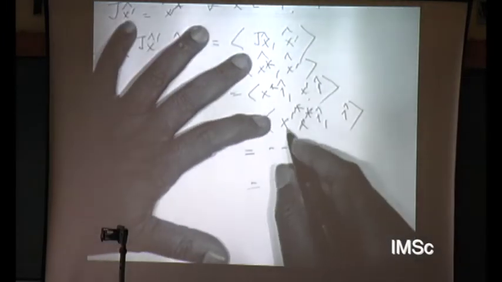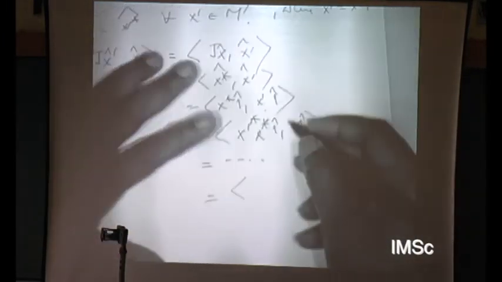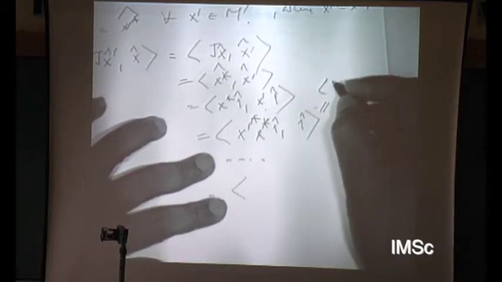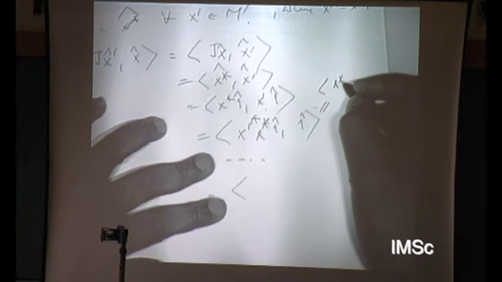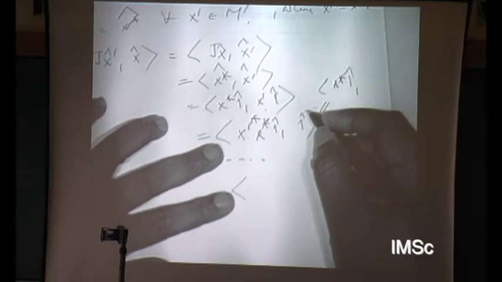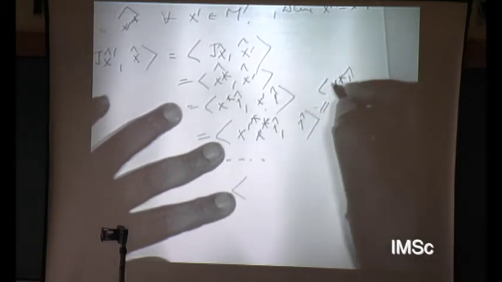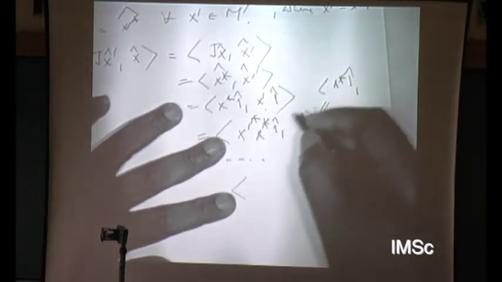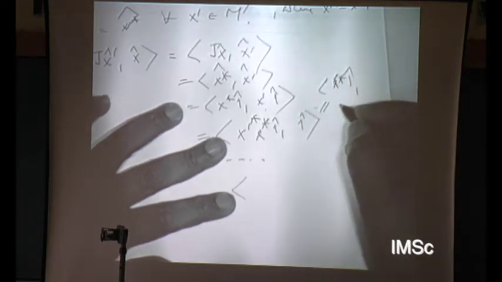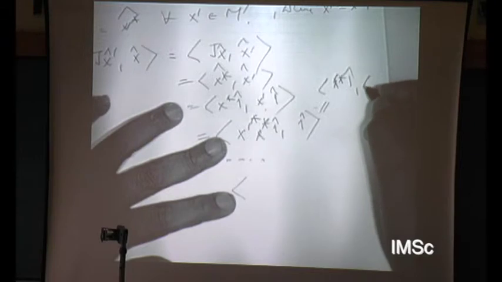Okay, so if we put that over, let's go backwards. So this is X star 1 hat, because I want to move this inside, X star 1 hat and X 1 hat.